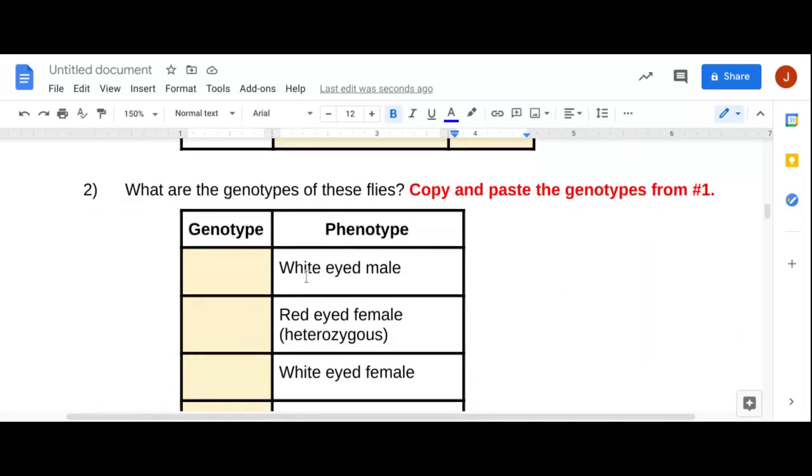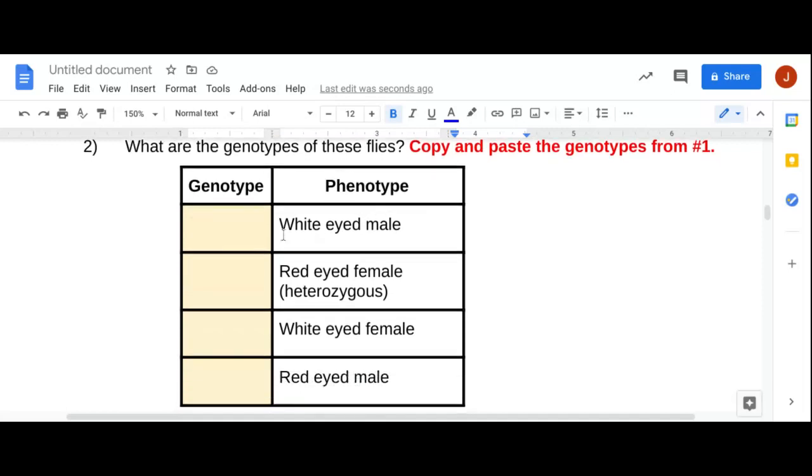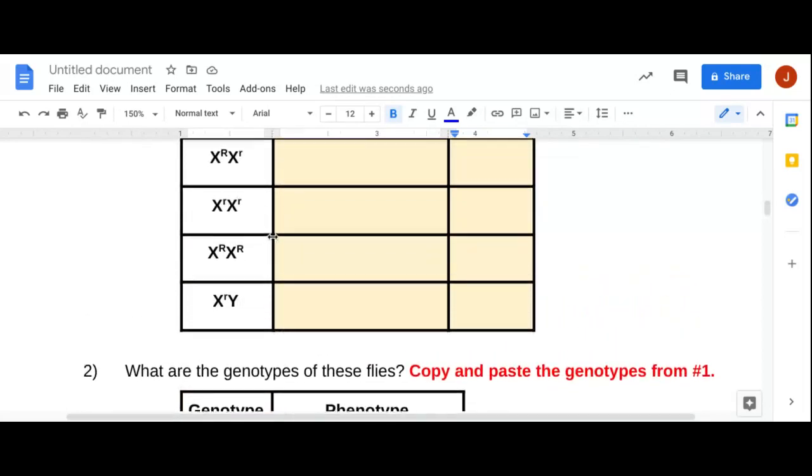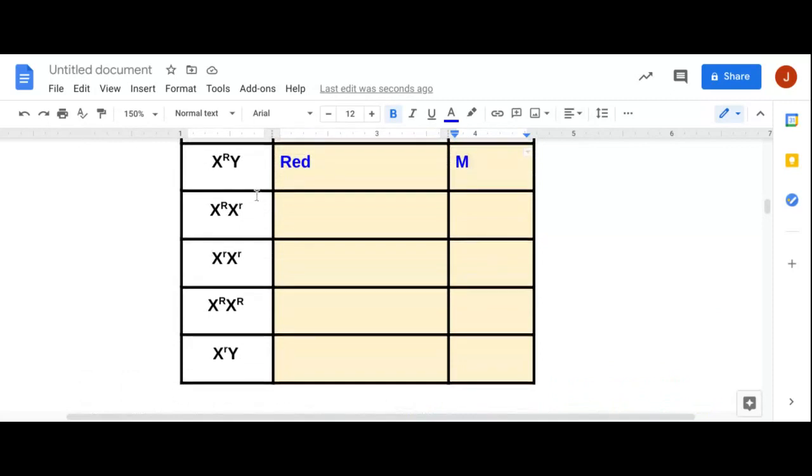Number 2, what are the genotypes of these flies? The best way to do this is to copy and paste the genotypes from number 1. I'm going to show you what I mean by that. So a white-eyed male. I want to know what the genotype is. I'm going to go up here. This has all of my genotypes listed. Okay, a white-eyed male. Well, here it is.